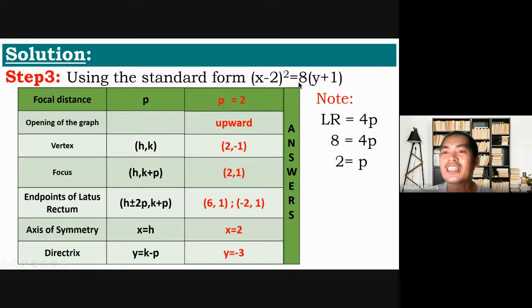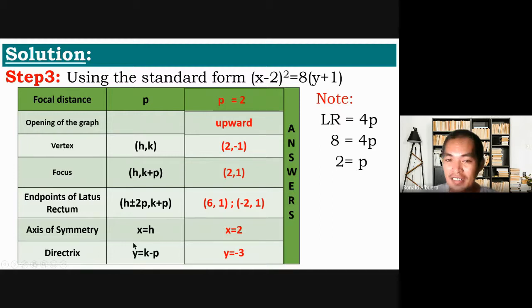Ay i-divide mo lang yung length ng LR by 2 which is 4 at yun ang idadagdag mo sa x-coordinate ng vertex. Our vertex is 2 plus 4 is 6. 2 minus 4 is negative 2. Yun, ang bilis na.